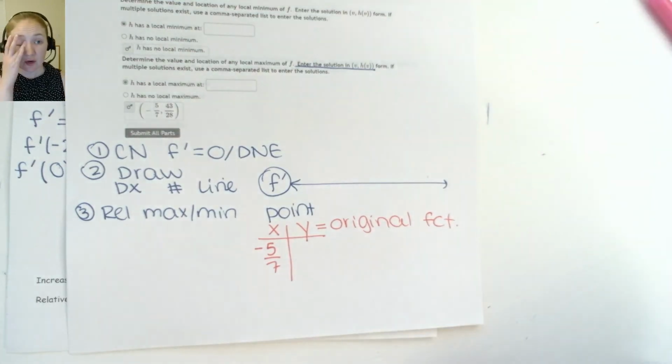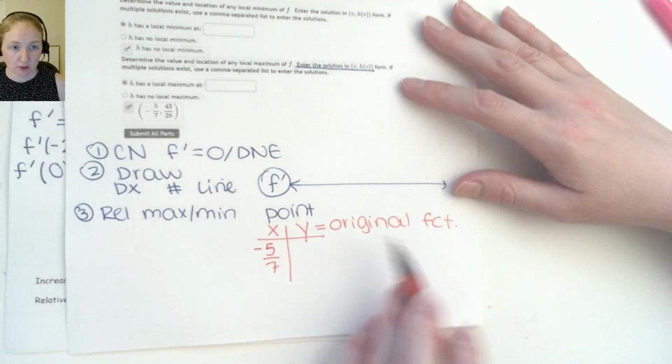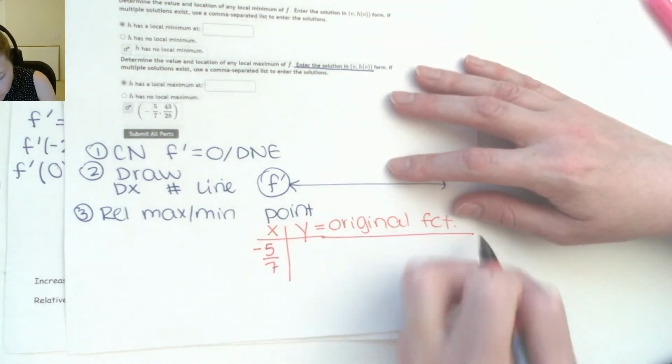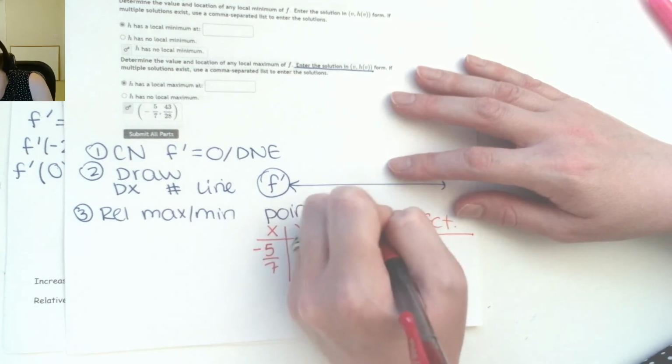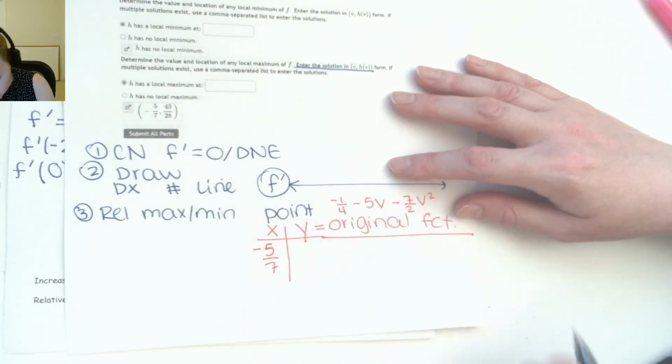So when you are trying to find a point, you are always going to plug into the original function, not the derivative, but the original function. So the original function for this problem was negative 1/4 minus 5v minus 7/2 v squared.